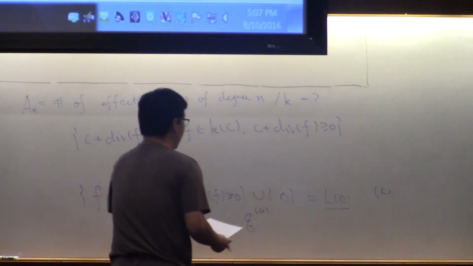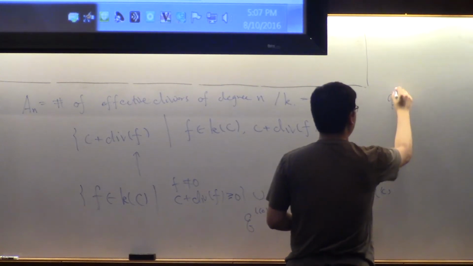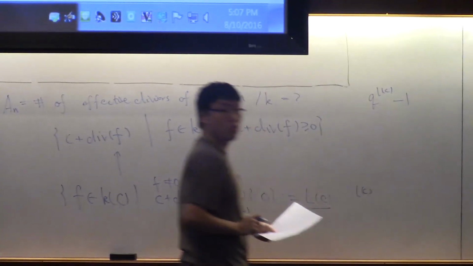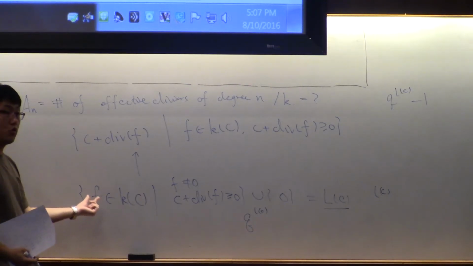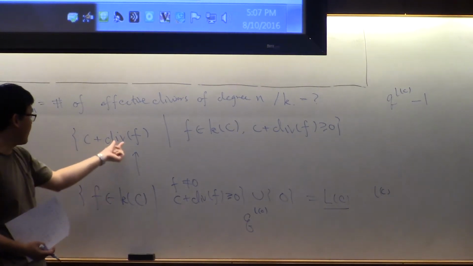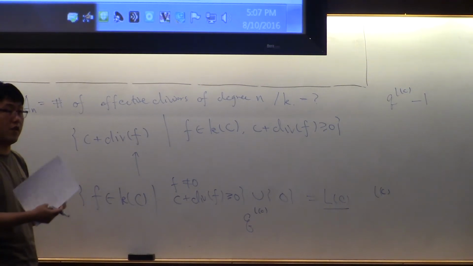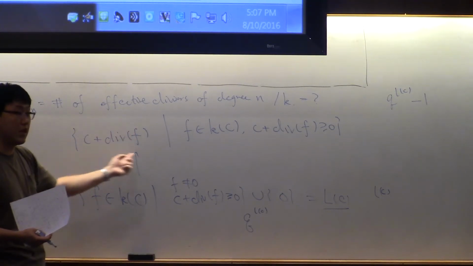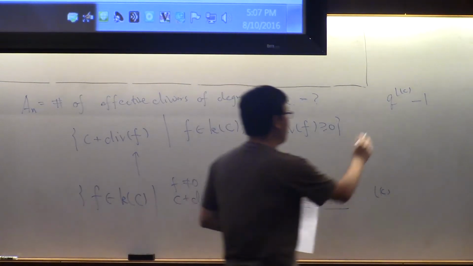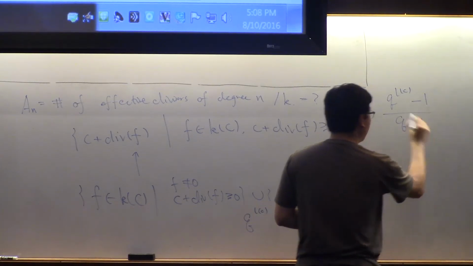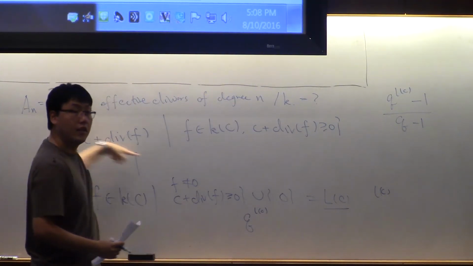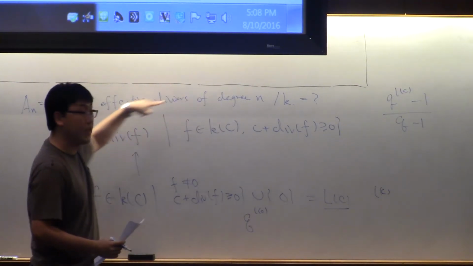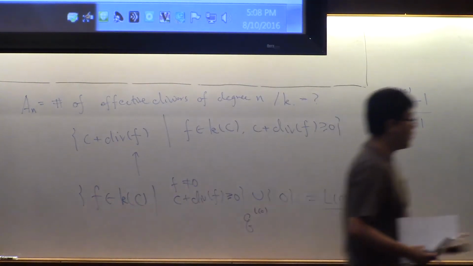So here we should have q to the l(C) minus 1. First, you need to remove the zero function, but it is possible that two different functions will give you the same divisor. Namely, if they differ by a scalar, then they give you the same principal divisor. So you need to divide by q minus 1. That's the number of elements in this set. So that's also the cardinality of this set.